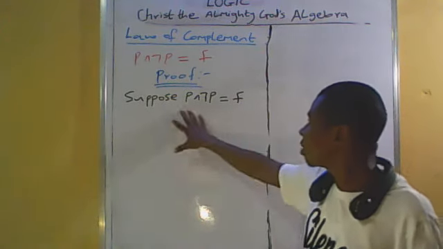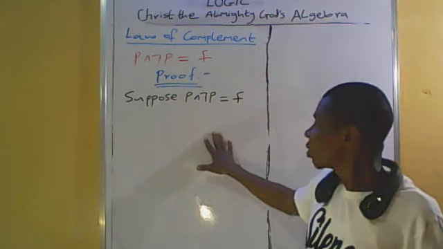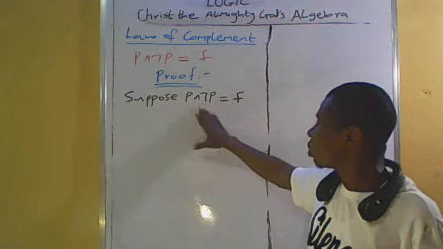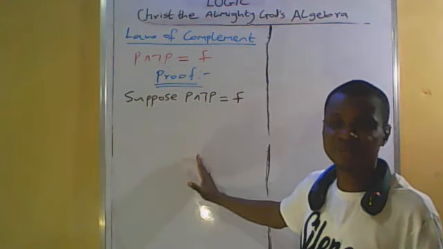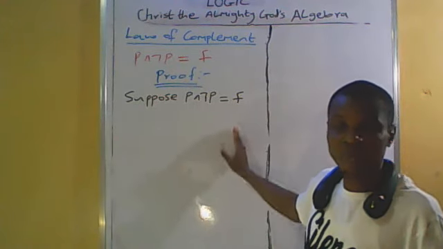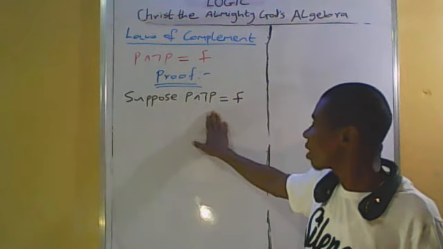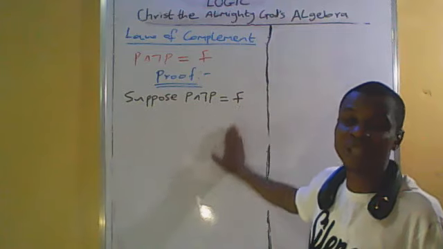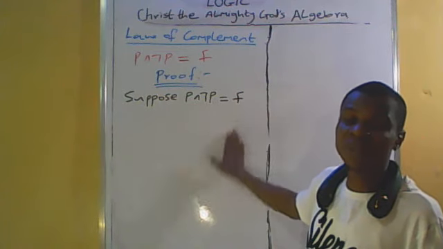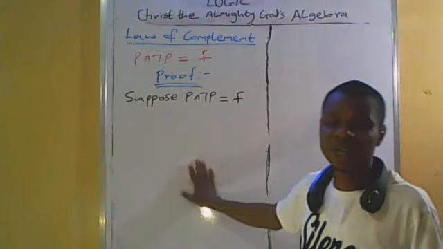If you look at this statement, as explained earlier, P and not P is always evaluated to be F, constant F. The same thing with F, always F. So we see that whenever P and not P is F, also F is F. Whenever F is F, also P and not P is also F.